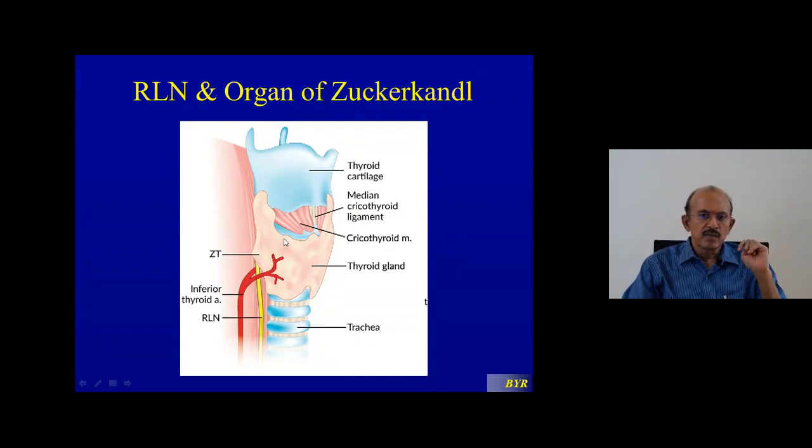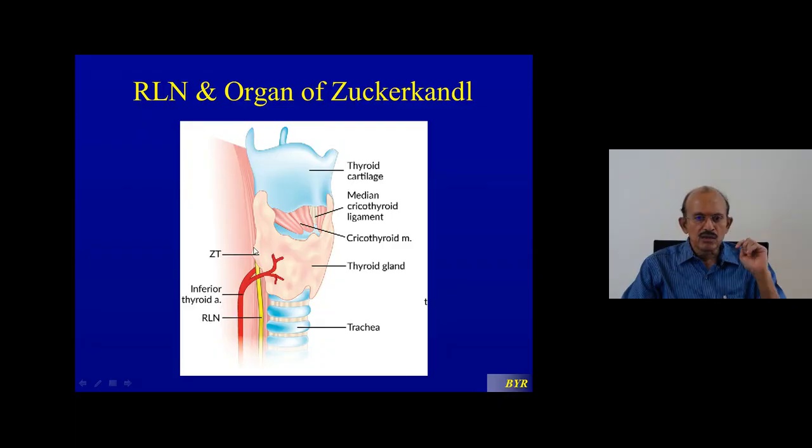You can see here, this is the thyroid gland. If you look at the posterior surface of the thyroid gland, you will find a pyramidal extension, not an extension, just a projection outside. This pyramidal projection is called the Zuckerkandl tubercle.